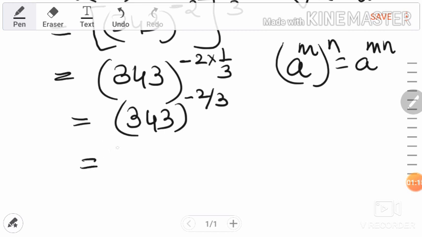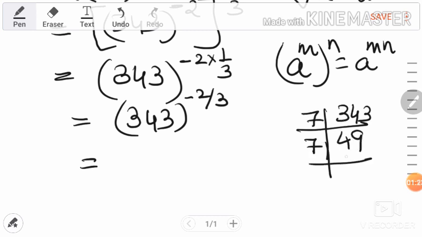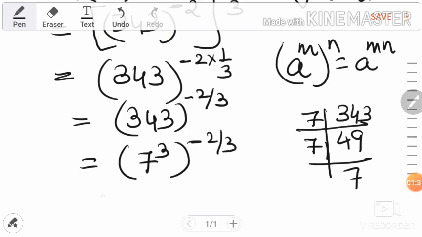Now we can solve further. If we find the factors of 343, we find that 7 times 7 times 7 is 343. So we can write this as (7 cube) to the power minus 2/3.